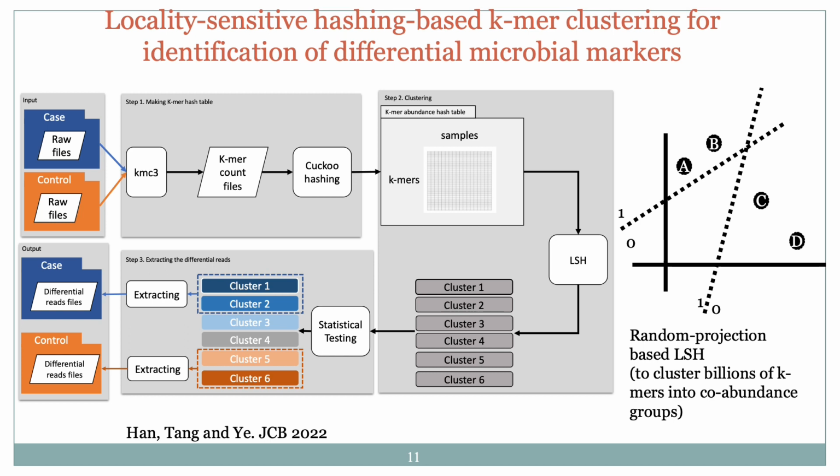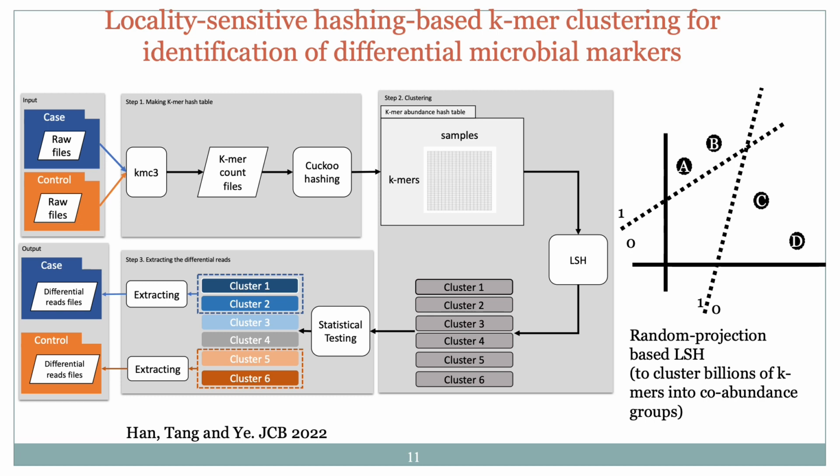A recent method we have developed along this line is locality sensitive hashing based k-mer clustering for identification of differential microbiome markers. The idea is that instead of working with individual k-mers, we cluster k-mers into co-abundance groups.